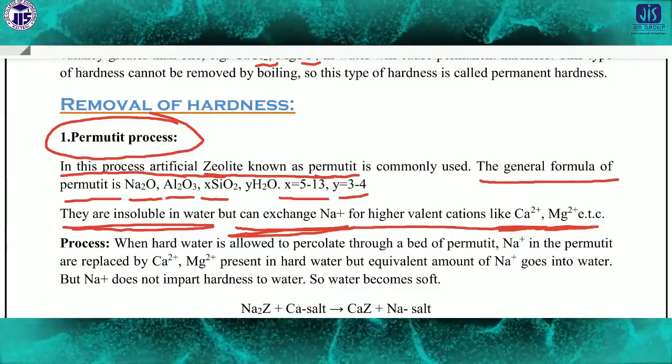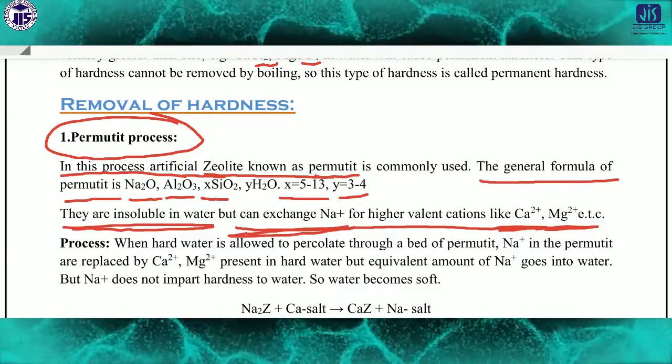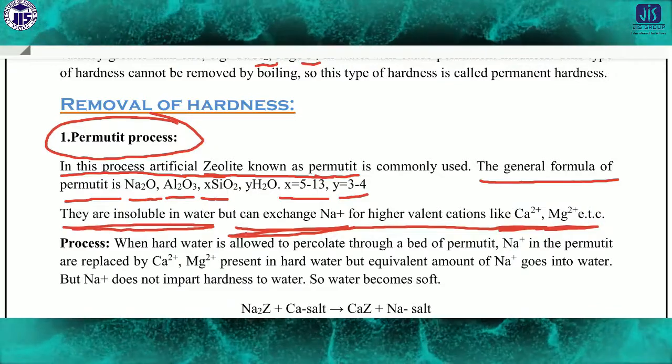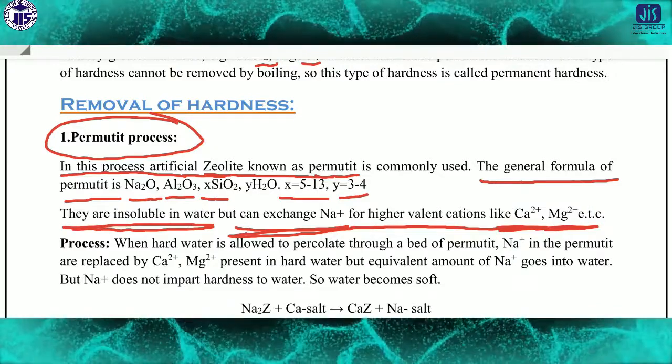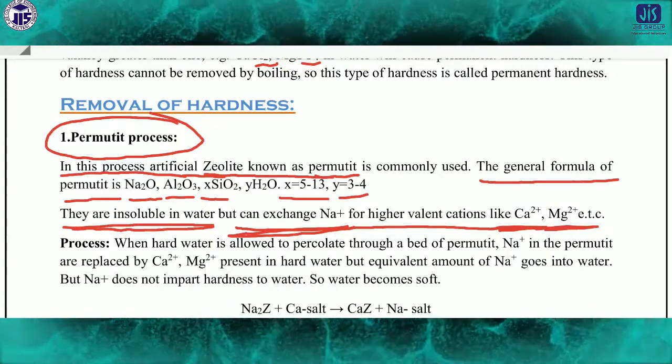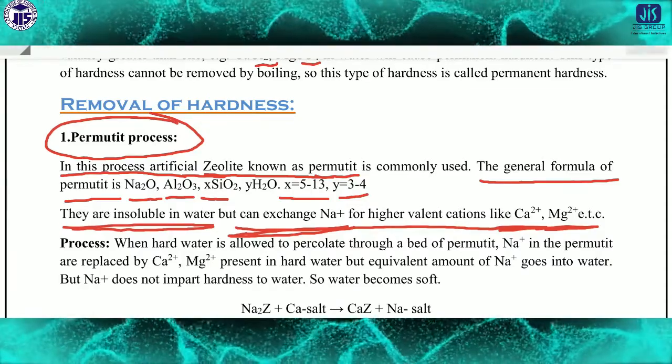Now come to the point of what the permutit process is, or how we can remove permanent hardness by the permutit process.